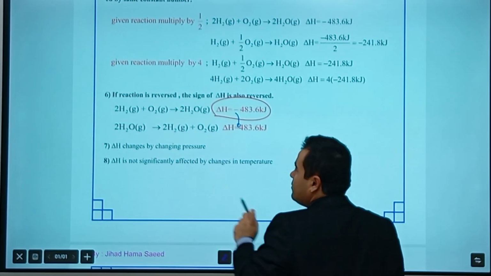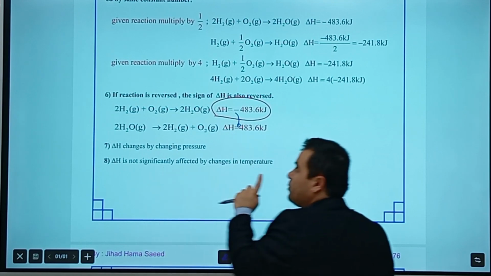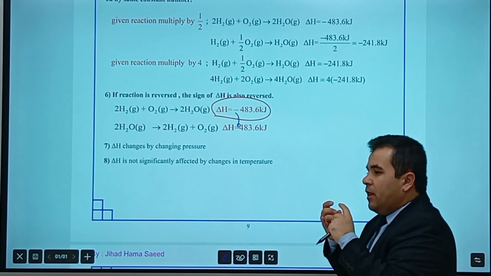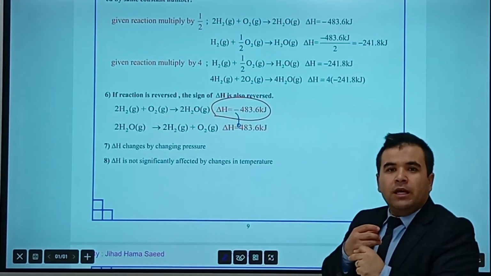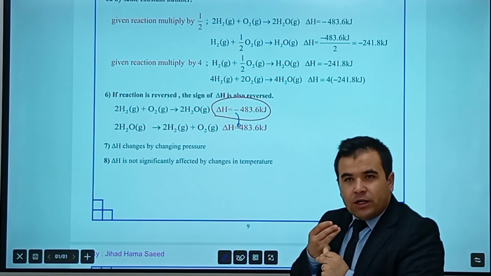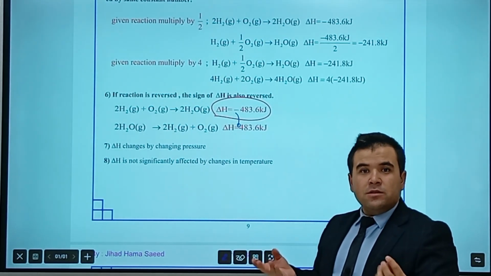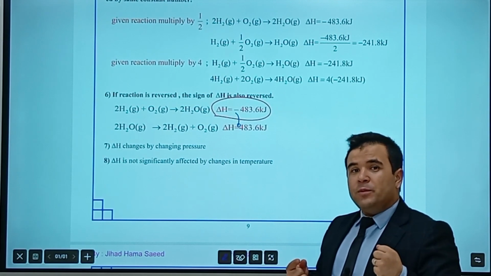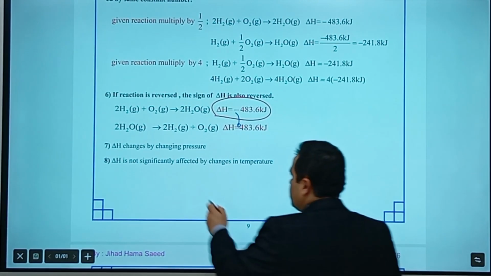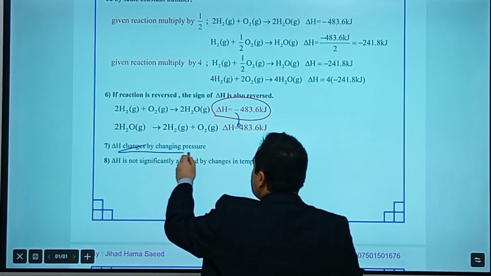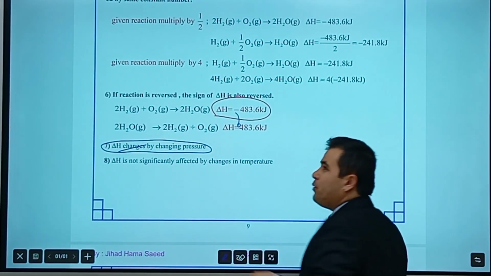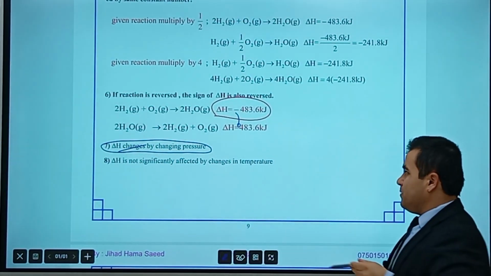Another factor which the enthalpy depends on, we said enthalpy depends on the amount of reactant and product, and enthalpy depends on the physical state. The third factor which enthalpy depends on is the pressure. So the enthalpy changes by changing the pressure of the system.